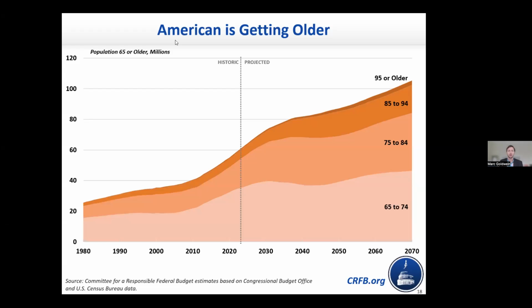But we are getting older, which means that we have an almost fixed number of workers for a rising number of retirees collecting Social Security and Medicare, and increasingly, going forward, a rising number of people in their 70s, 80s, and 90s who not only are collecting Social Security and Medicare, but very unlikely to be in the workforce in any significant numbers, very unlikely to be contributing to GDP growth, economic growth in any significant numbers. So demographics are working against us.